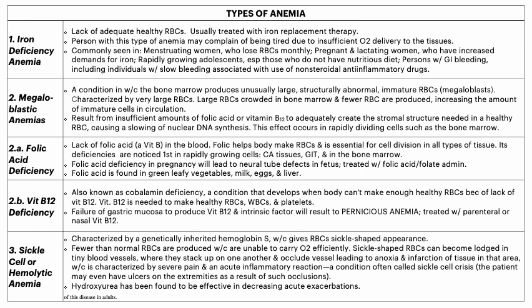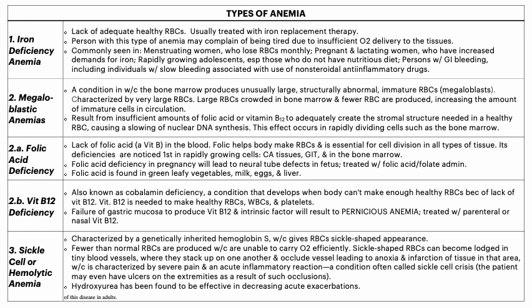These megaloblastic anemias result from insufficient amounts of folic acid or vitamin B12 to adequately create the stromal structure needed in a healthy RBC, causing a slowing of nuclear DNA synthesis. And this effect occurs in rapidly dividing cells such as the bone marrow.